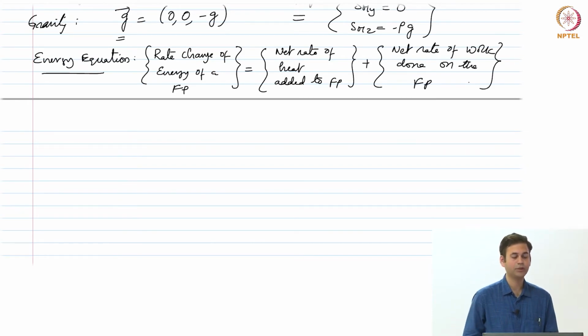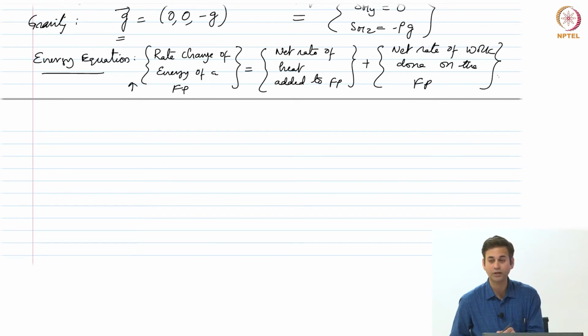So, that is how the energy of a fluid particle is going to change, right. It is going to increase if work is done on the fluid particle or if heat is added to the fluid particle, then its energy is going to increase, right. So, this is what we have.